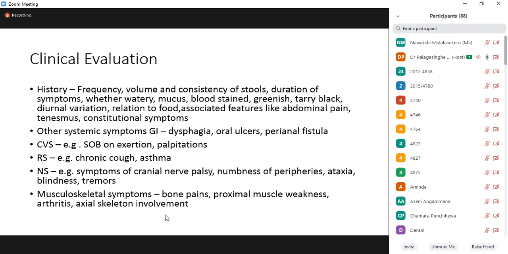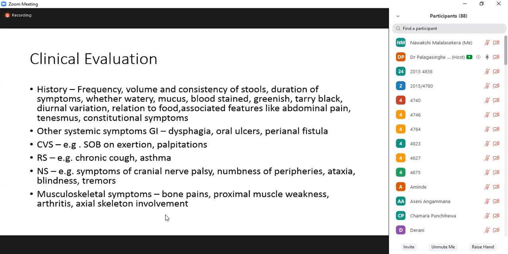Very unlikely to be functional or irritable bowel syndrome. Most of the functional benign conditions like irritable bowel syndrome, symptoms tend to resolve at night. Very unlikely the patient would be woken up at night to pass stools. So that's one of the things you have to inquire into.